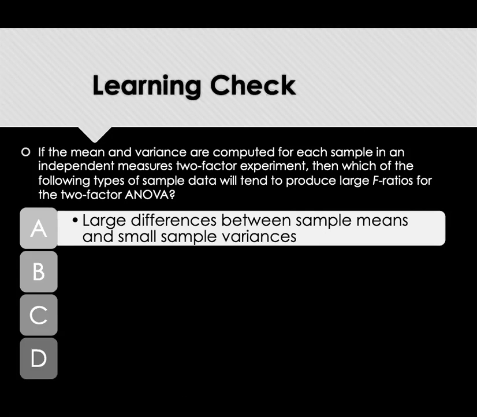So we want a large difference between samples, which would give us a large numerator, and a small sample variance, which would give us a small within group variance, which would give us a small denominator. That would lead to a larger number divided by a smaller number, which would be a larger F ratio.